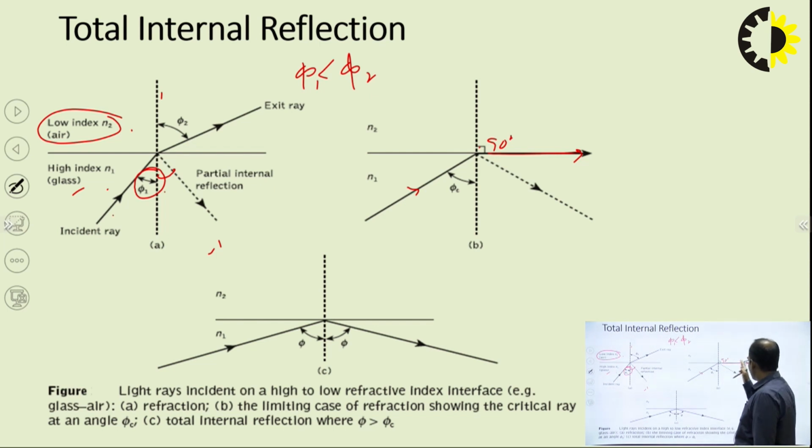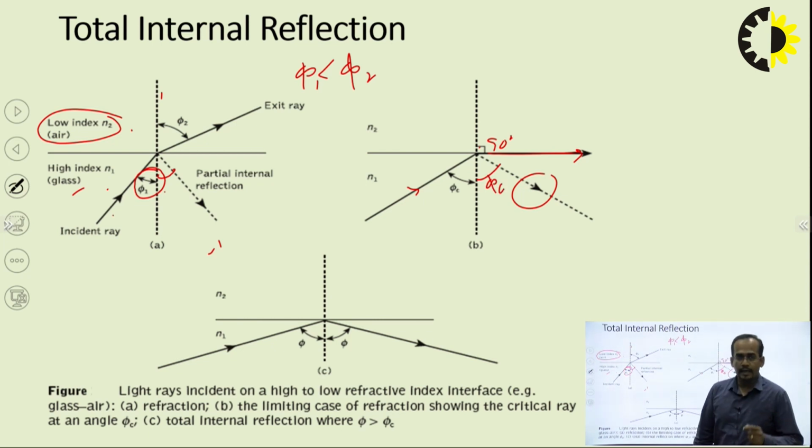So, the refracted rays will pass along the boundary. The partially reflected rays will reflect and make the same angle, phi c.